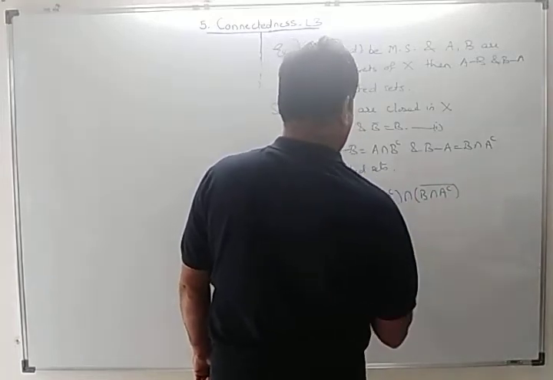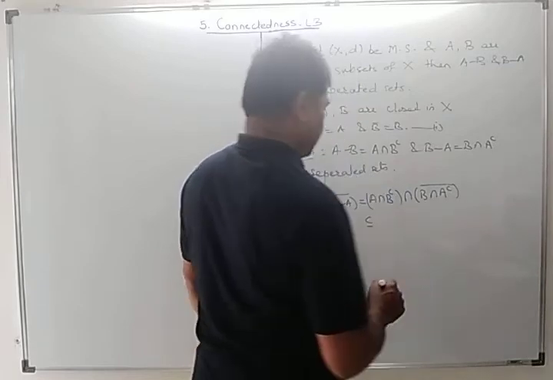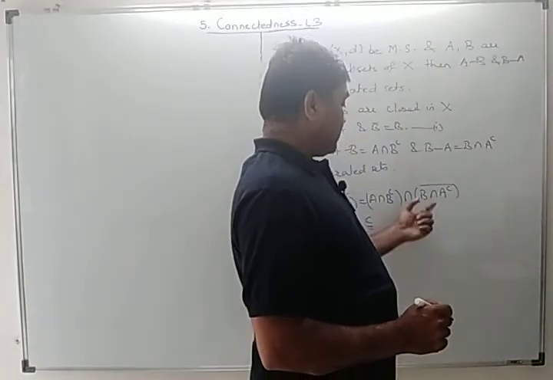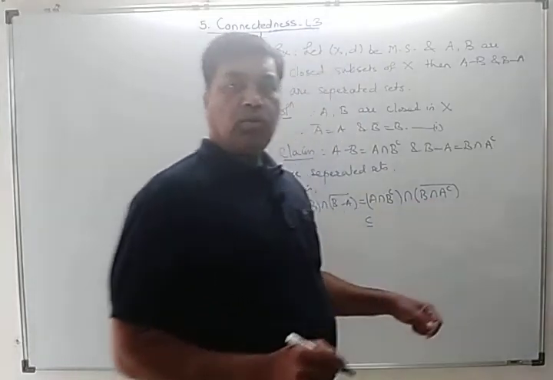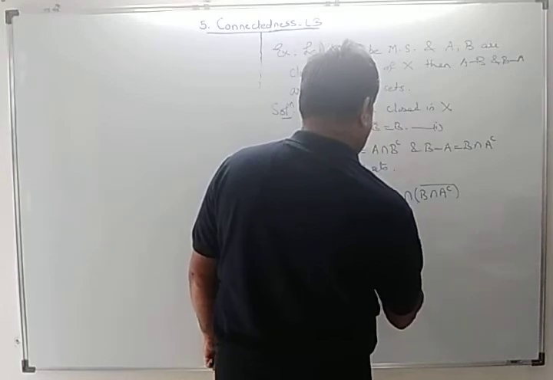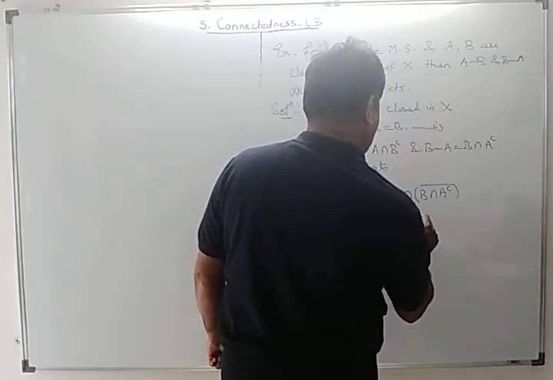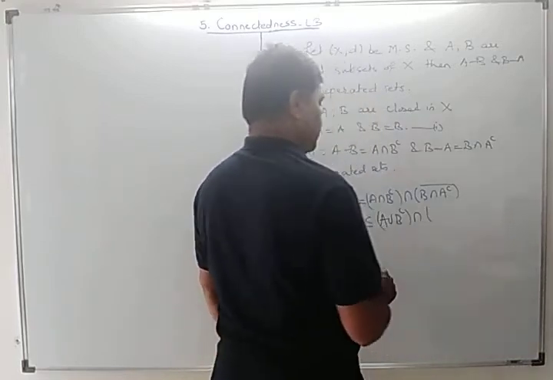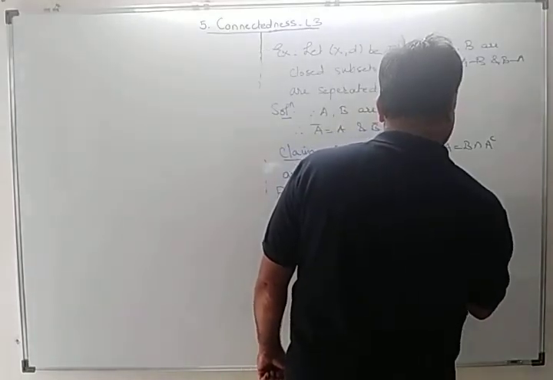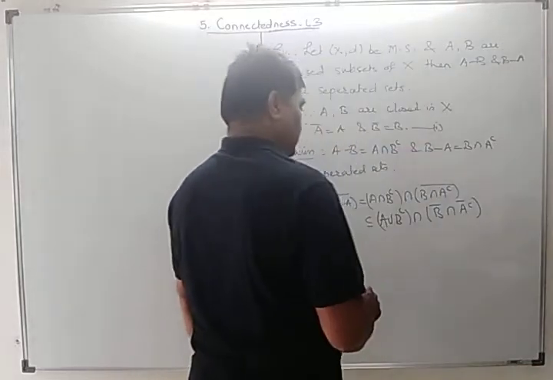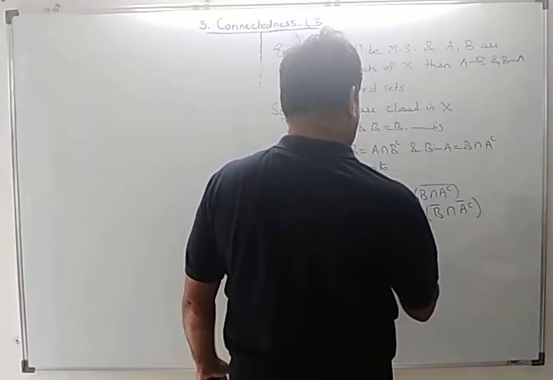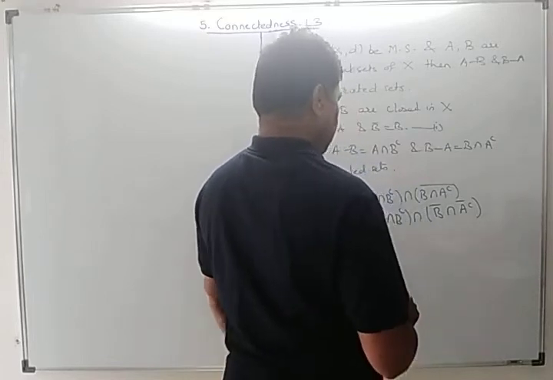But we know that the closure of an intersection of two sets is contained in the intersection of their closures. So this is contained in (A intersection B complement) intersection (B closure intersection A complement closure). Right?